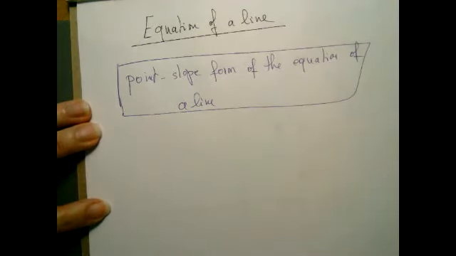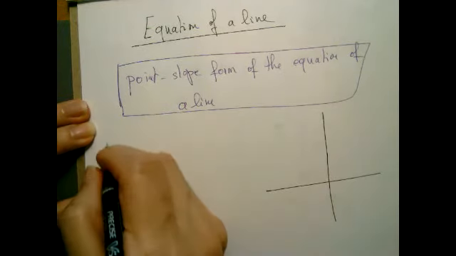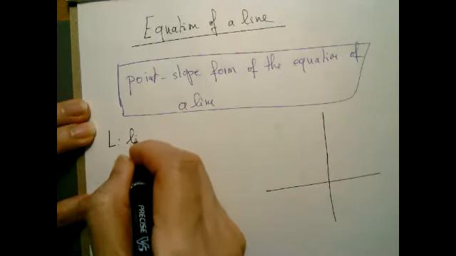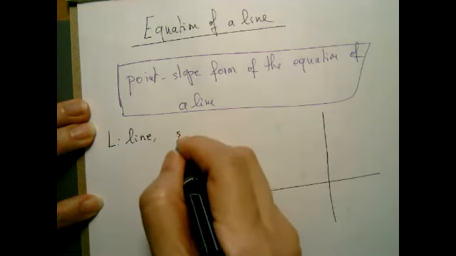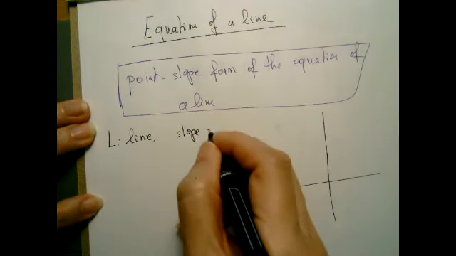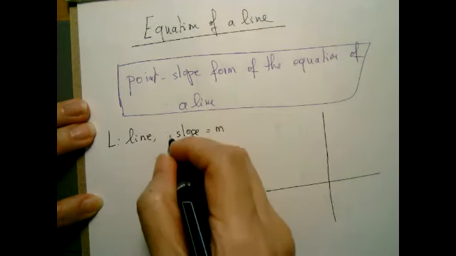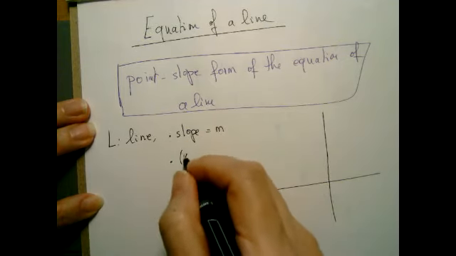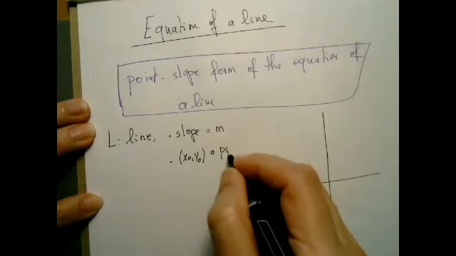Suppose you have a line, a simple line. Suppose L is a line, and let us say you know the slope. I'm going to call it m. And you know a point (x0, y0), a point on the line.